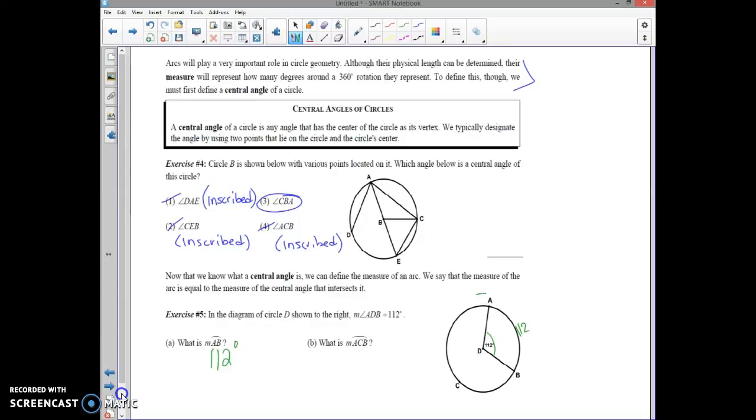The arc of A to C to B, there are 360 degrees in a circle. 360 minus the 112 is 248. Make sure that I'm adding correctly. 248. So arc ACB is 248 degrees.